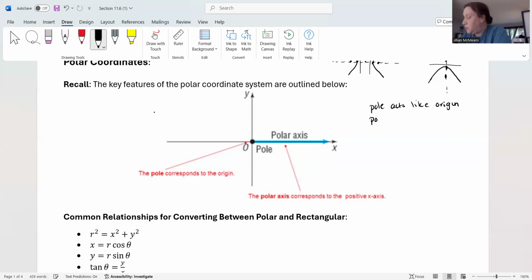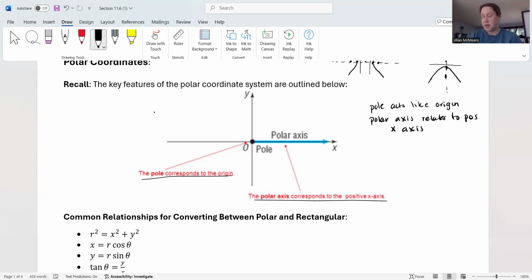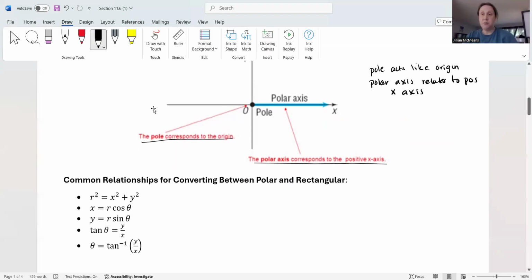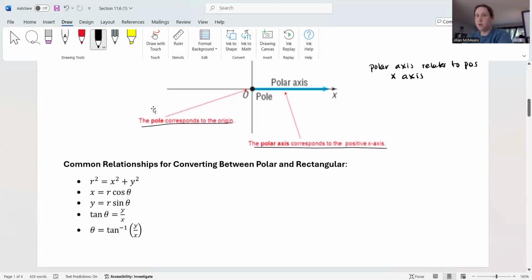And then we have the polar axis, which relates to the positive x-axis. So we have that labeled here, okay? So you can see the pole corresponds to the origin and the polar axis corresponds to that positive x-axis. And as we were converting between polar coordinates and rectangular coordinates, we found there were these really important relationships that we had to know. First and foremost, go ahead and fill this in.